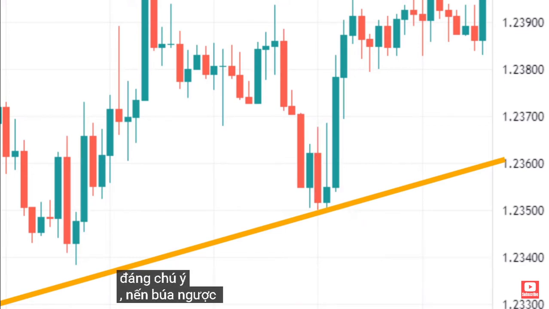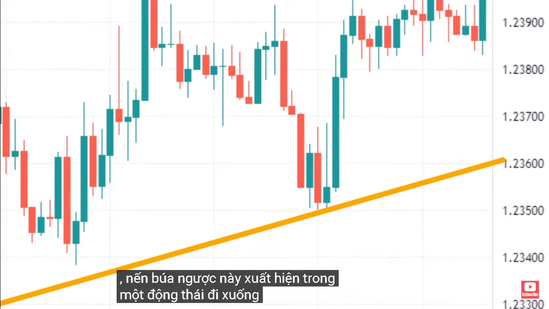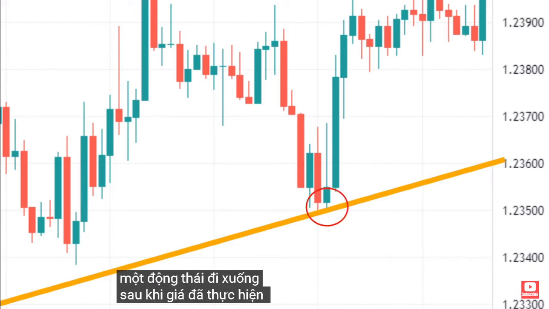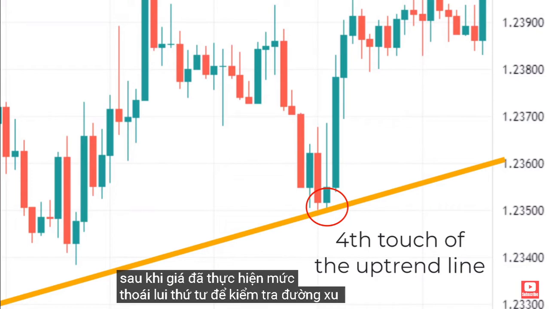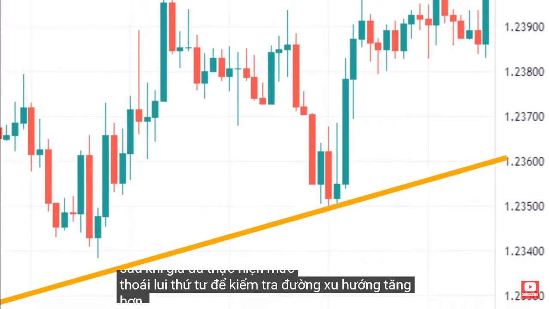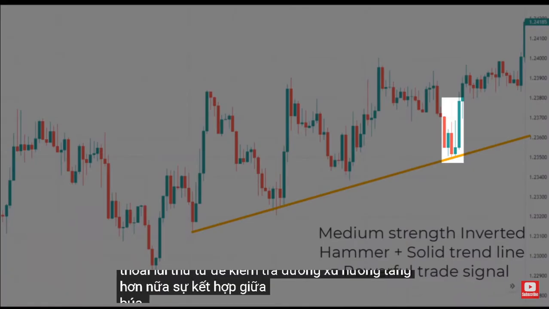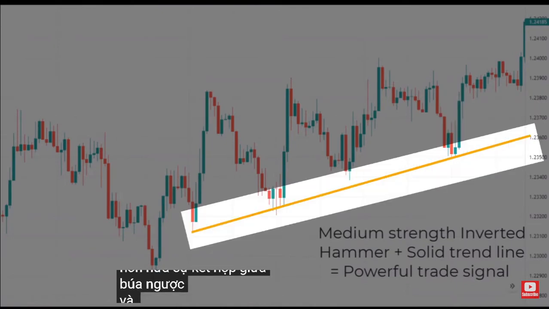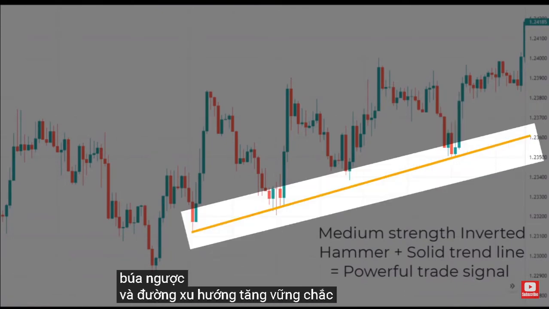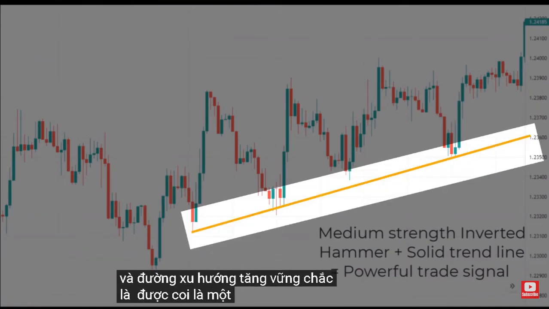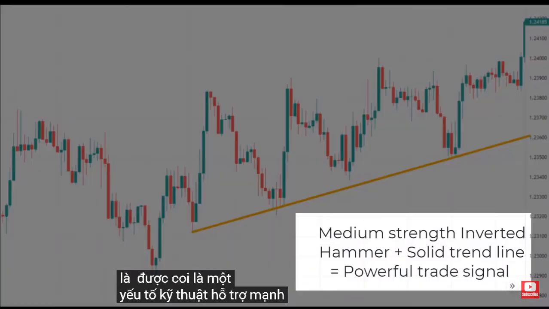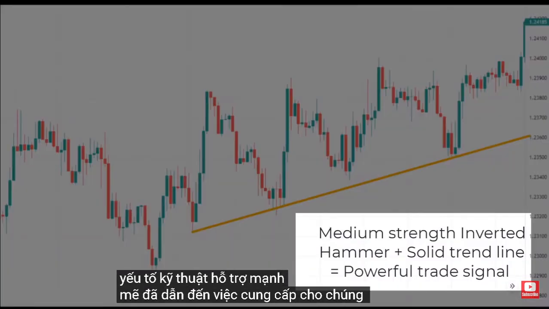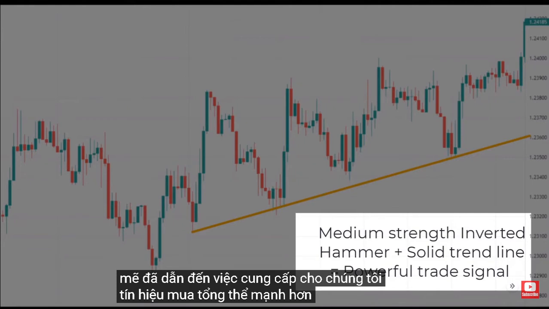This inverted hammer candle appeared in a down move after the price has made a fourth retrace down to test the uptrend line. Moreover, the combination between the inverted hammer and the solid uptrend line, which is considered a strong supporting technical factor, has resulted in giving us an overall stronger buy signal.